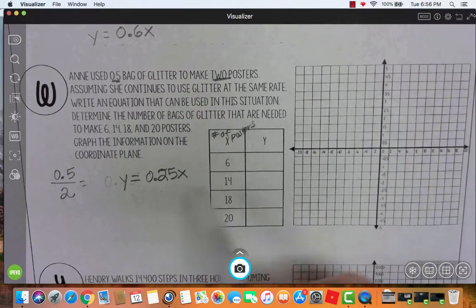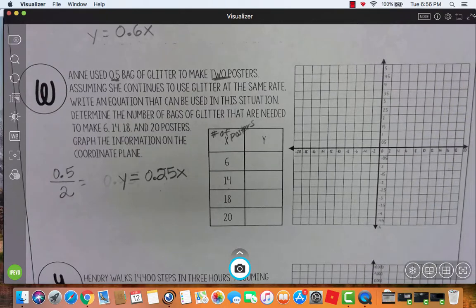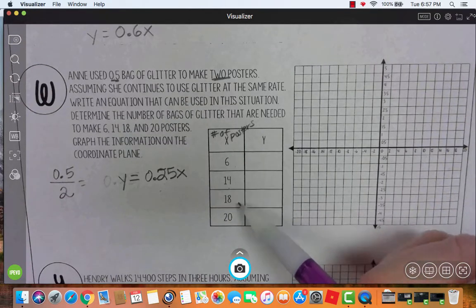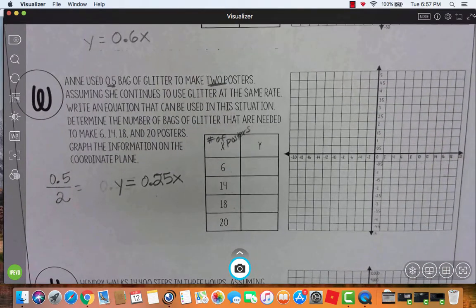So 0.25 times 6, 0.25 times 14, 18, and 20 to figure out how much glitter you need for this many posters. And then you need to do the last one on your own. And once you have these done, the left and right is on the board. It's been posted for you, so you see where your papers need to be taped in and go. Once you have done this and I have checked it and it's correct, you'll be ready for your prove it. Okay? Good luck.